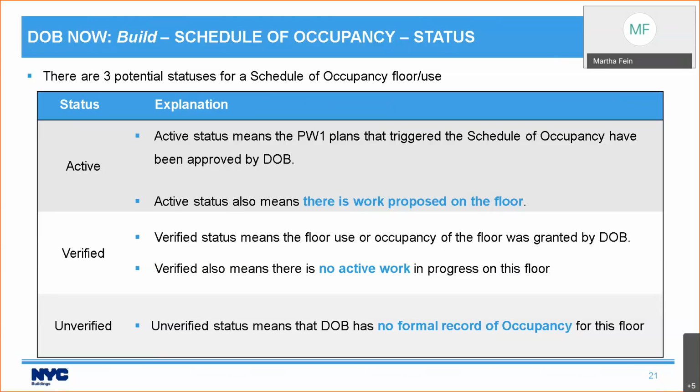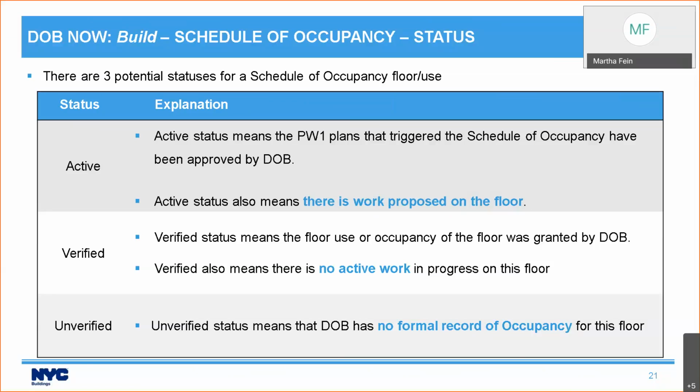So of these three statuses, let's look at what happens when you get floor use records onto your job level schedule of occupancy that come from the bin level schedule of occupancy. This is not going to happen immediately because it's only going to happen once people start entering data into the schedule of occupancy. But remember my building where I'm doing work on floors 1 and 2?